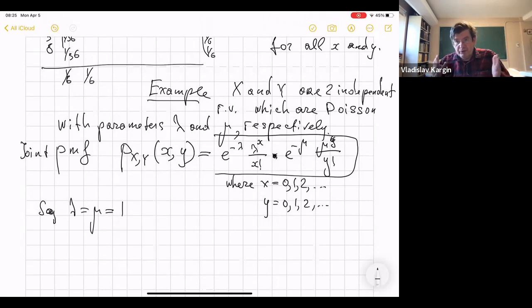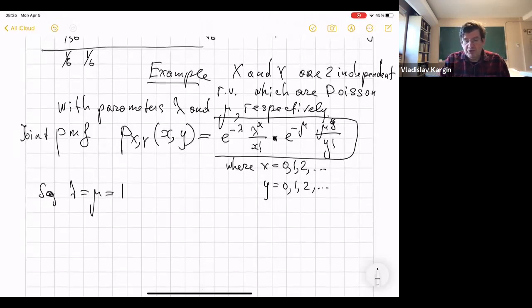Then there are two Poisson random variables with parameters 1 and 1, with mean 1 and 1. And so this specializes to p_XY of x, y equal to e to the minus 1, e to the minus 1, so it will be e to the minus 2.